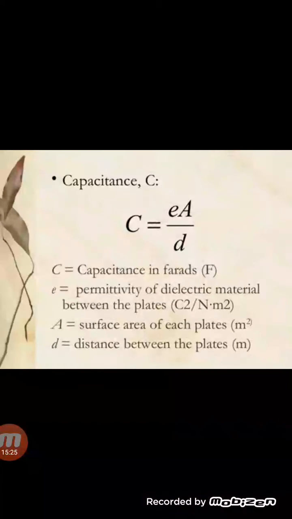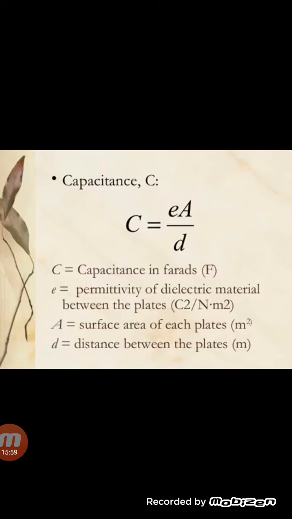Next we move further. Okay, students, from where have we got epsilon A? This is the permittivity. Epsilon is the permittivity of the dielectric constant between the plates, and C is the capacitance. A is the surface area of each plate. d is the distance between the plates.